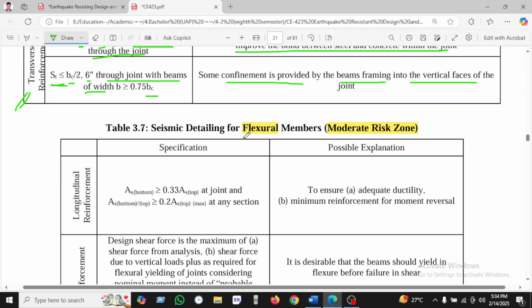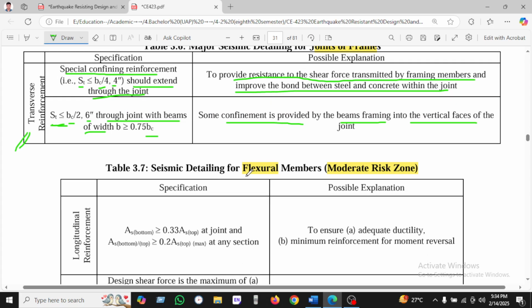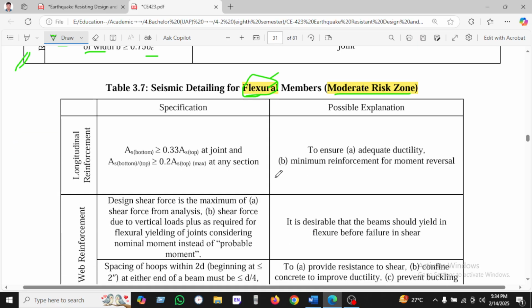Okay, let's see here the seismic detailing of the flexural member. So flexure, that means beam, moderate seismic zone. So this is very important. At first we see the longitudinal reinforcement. Longitudinal means along the length of the beam. This is called longitudinal. So if we consider this beam, the bottom reinforcement will be greater than 0.33, one third of the top.